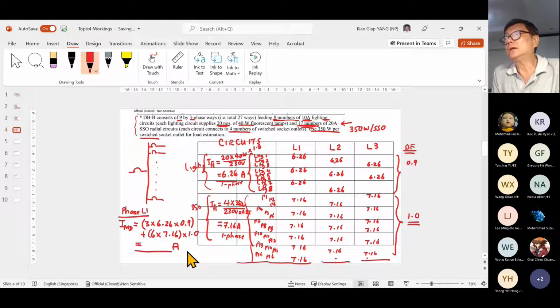Okay, who has a calculator with you? Can you quickly calculate for me what is the value? What's the value? Hello? Anyone got a calculator out there?